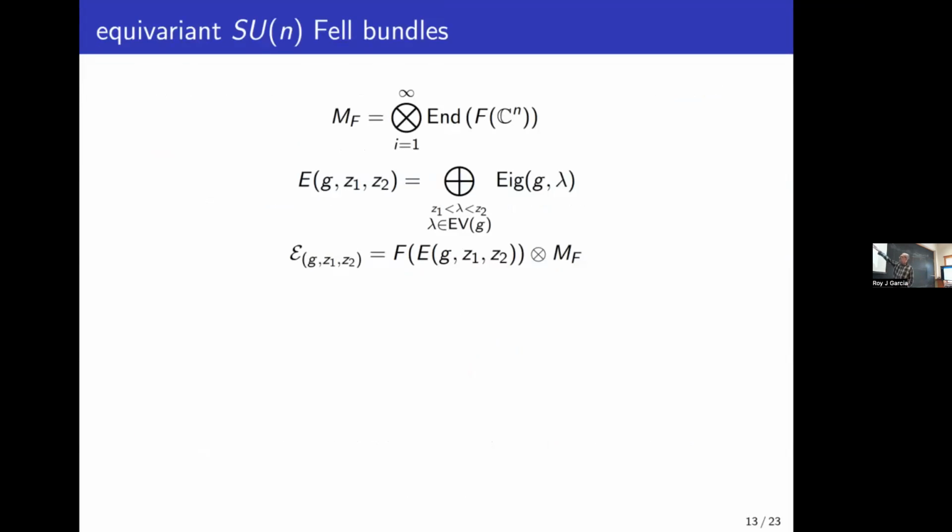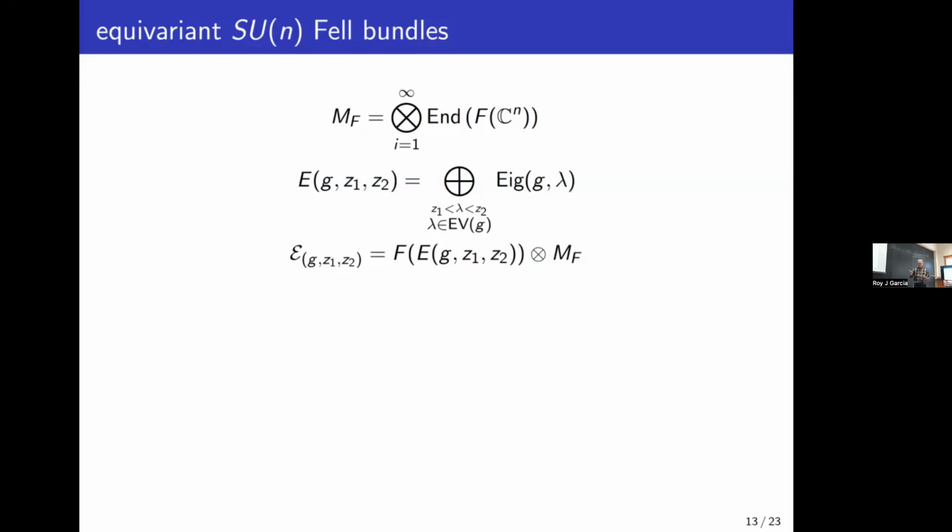It's this vector space, which is some eigenspace, tensor UHF. Now, in the Dixmier-Douady theory, you think of twisted K-theory as locally trivial bundles, but on the overlaps, you join them by automorphisms of the big algebra.